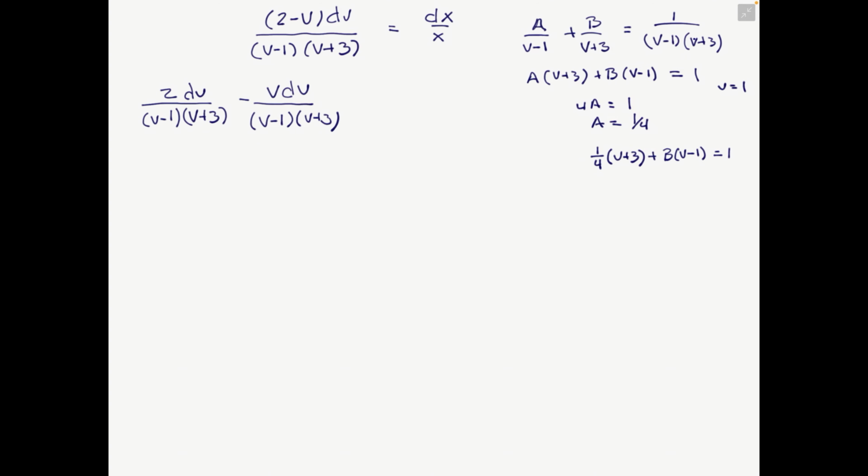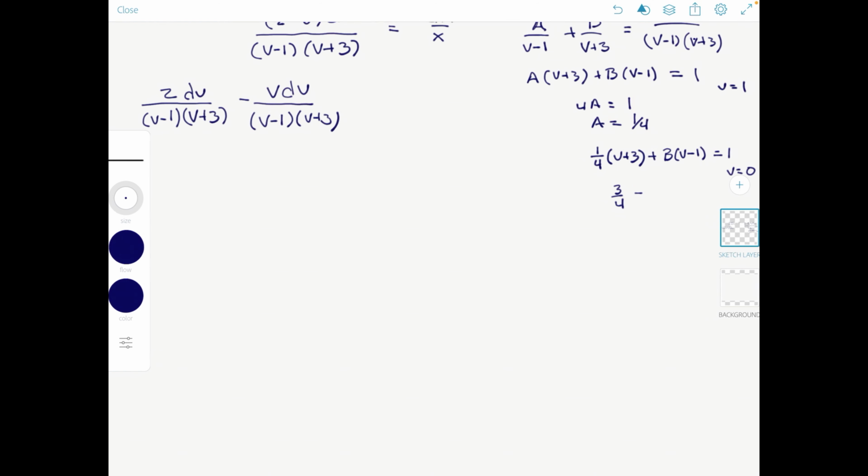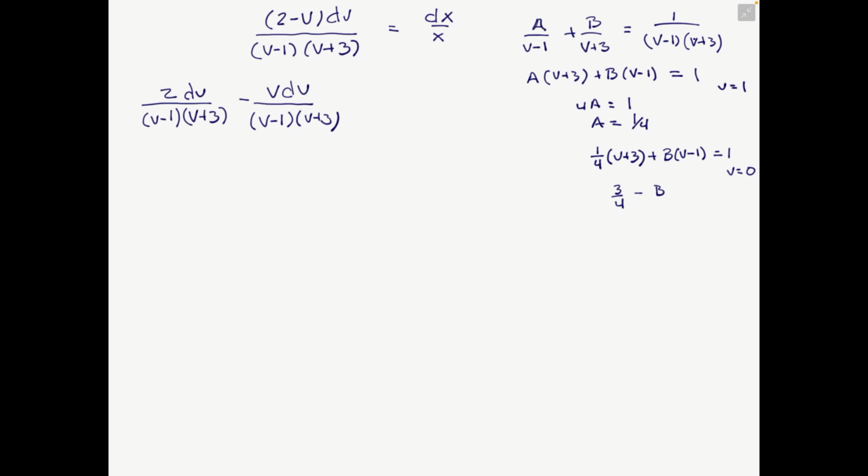And if we said that v is 0, then we have 3/4 minus b equals 1. So minus b equals 1/4. B is minus 1/4.